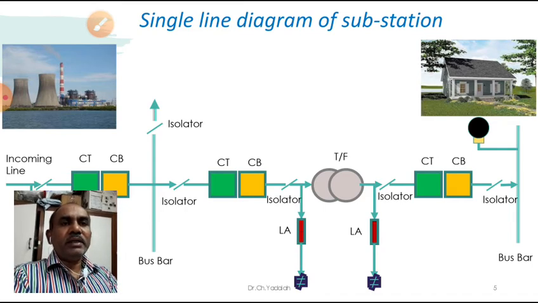Next, the input is given to the power transformer, where the transformer is intended to step down the voltage. In this substation, the transformer is a costly equipment. Our aim is to protect this costly equipment from short circuit currents, from lightning and other reasons.